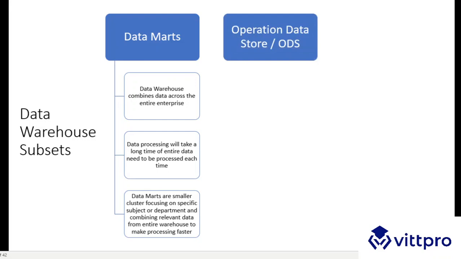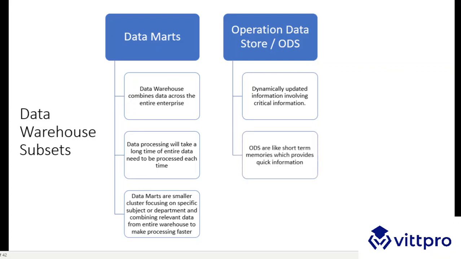Then there are usually operational data stores, or ODS. They are dynamically updated information involving critical areas. So you may identify the critical information you want to use more often. For example, the daily sales, the cash balance, the number of customers, the queue of customers in different organizations.